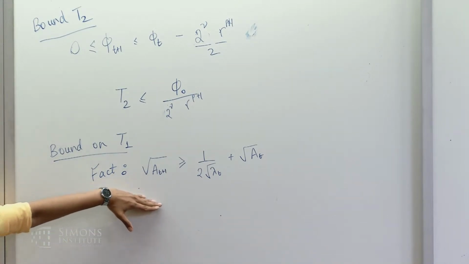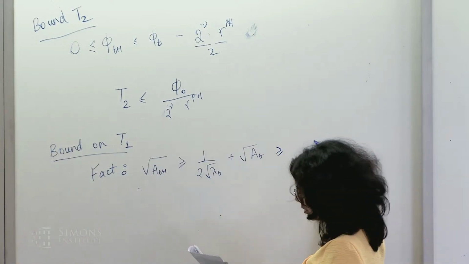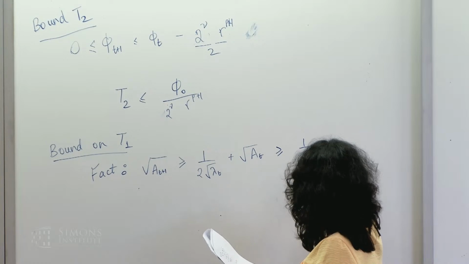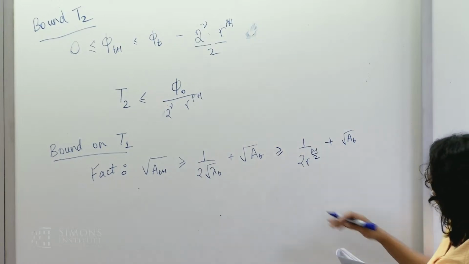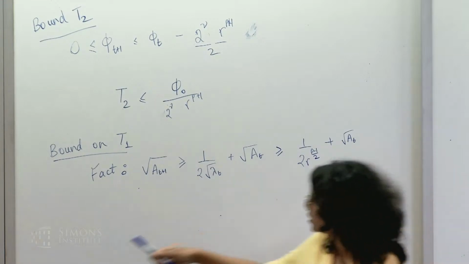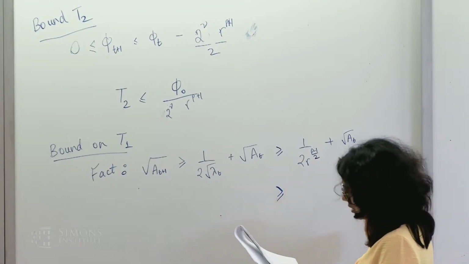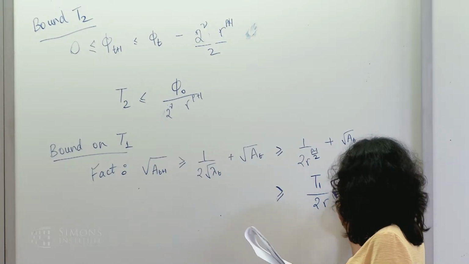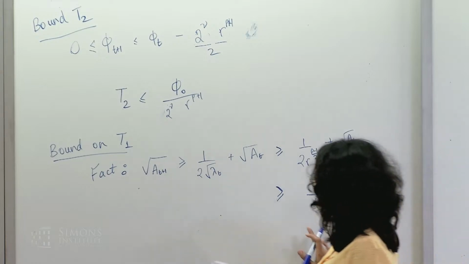Once you're given this fact and this bound, this is just using that R_{t+1} is at most R. And this would give us something that's T1 by this. You can have at most these many of such things.